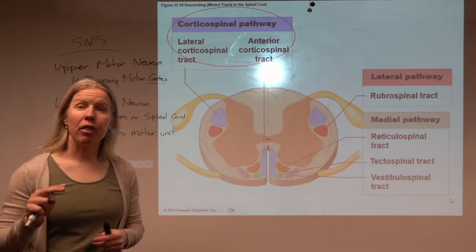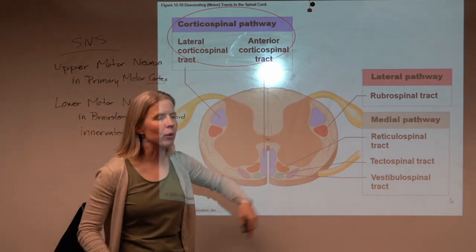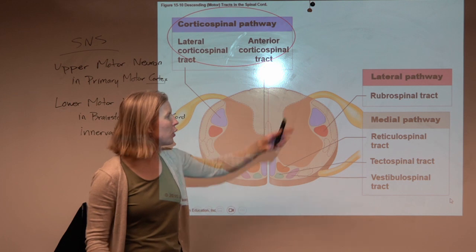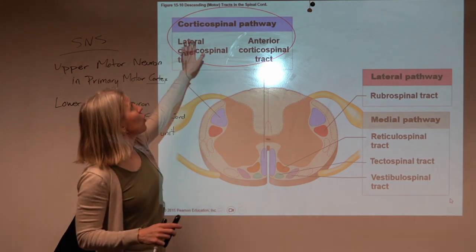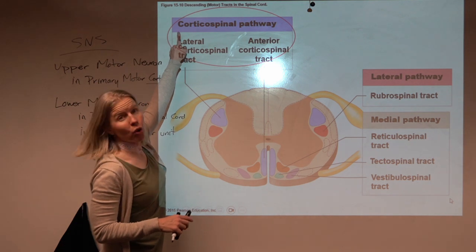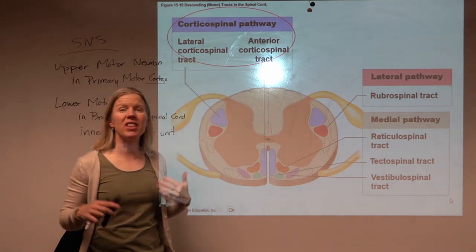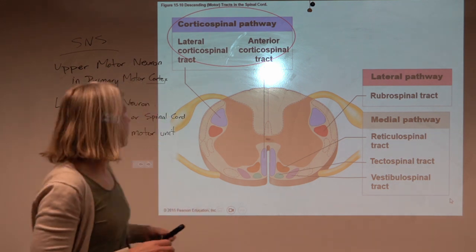Okay, so we have three pathways: the corticospinal, the lateral, and the medial. And again, these don't tell you much. Corticospinal has some clues, right? That this is going from the cortex to the spinal cord, right? So you would know that this is a motor pathway.